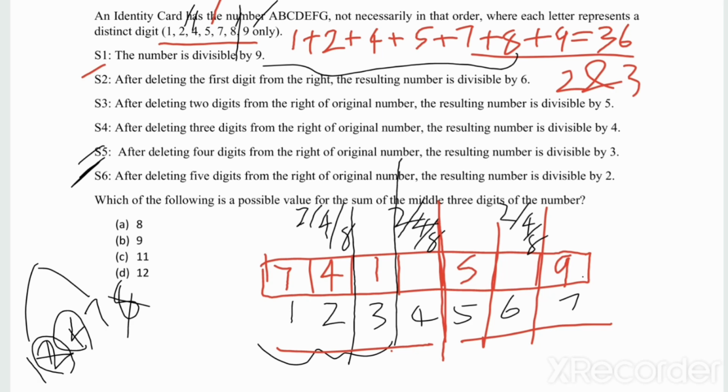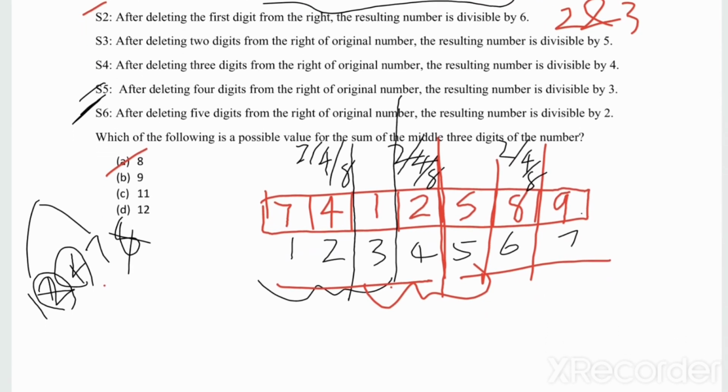So 12 is divisible by 4, 18 is not divisible by 4. 4 is already used here, therefore here it is 2. Then the remaining number 8 is here. Then the sum of these 3 digits equals 1 plus 2 plus 5 equals 8. Option A is the right answer.